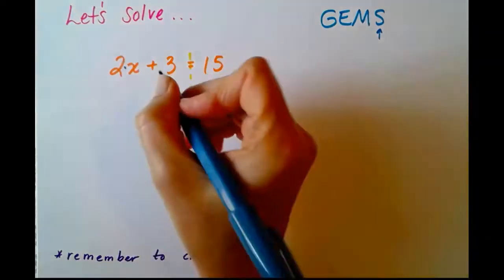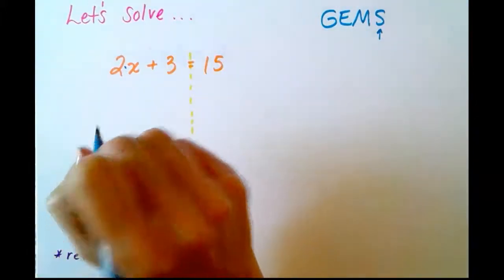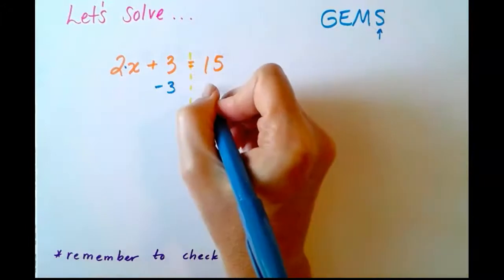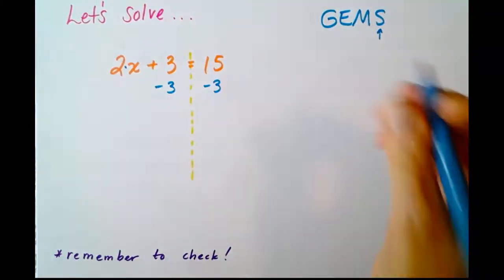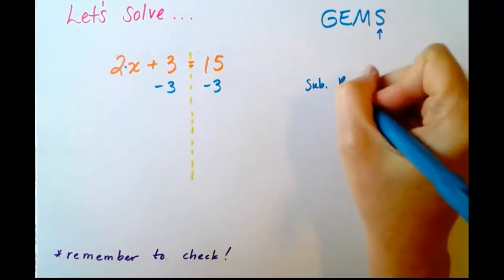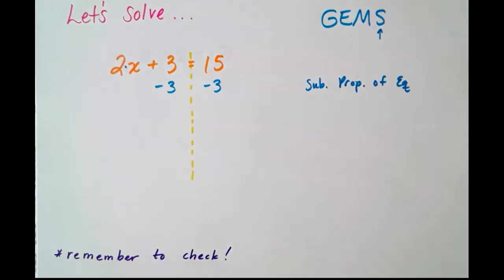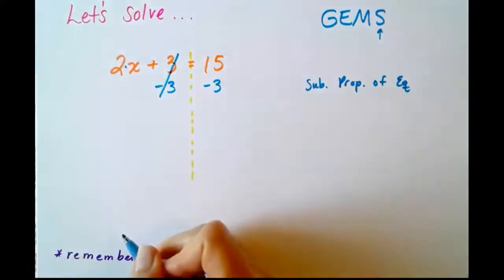In order to do that, we need to undo plus 3. The opposite of adding 3 is subtracting 3, and we will show that to both sides. We are using the subtraction property of equality. We're subtracting 3 from both sides. We're keeping our equation balanced. The 3's cancel.